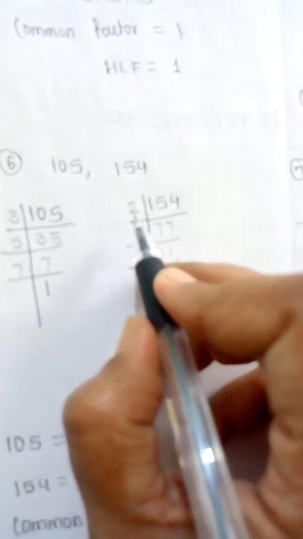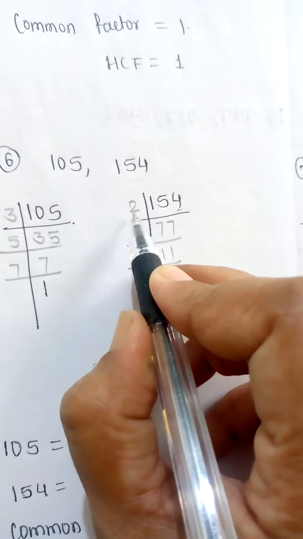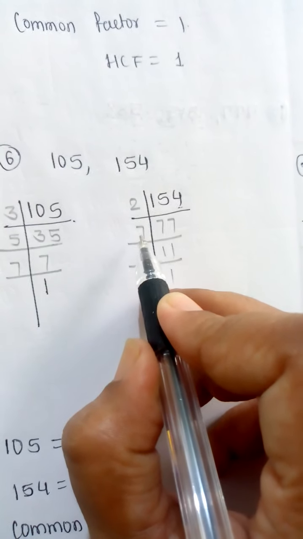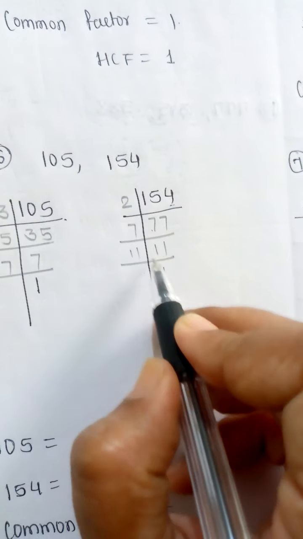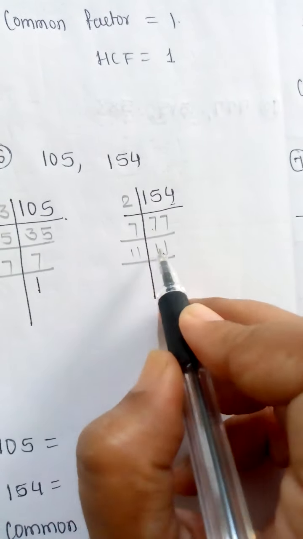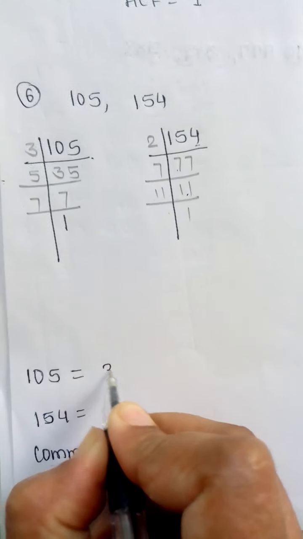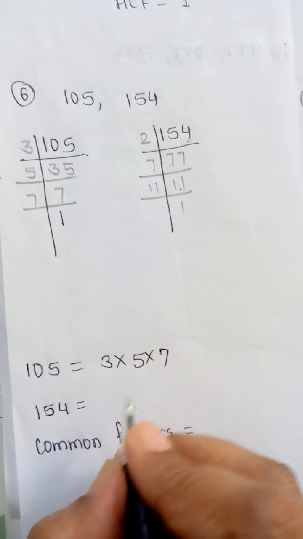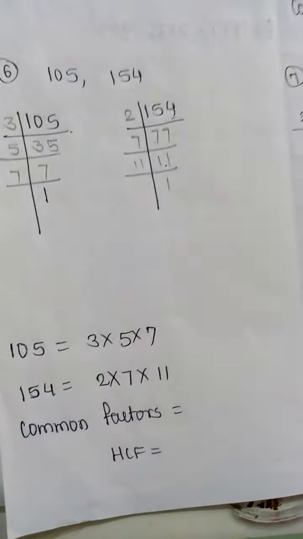In the same way, here it is divisible by 2 because 4 is in the ones place. 2 7s are 14 and 2 7s are 14. Again 7 is a prime factor, dividing 77. So 7 1s are 7, and 11 1s are 11. So the factors of 105 are 3 into 5 into 7 and the factors of 154 are 2 into 7 into 11.